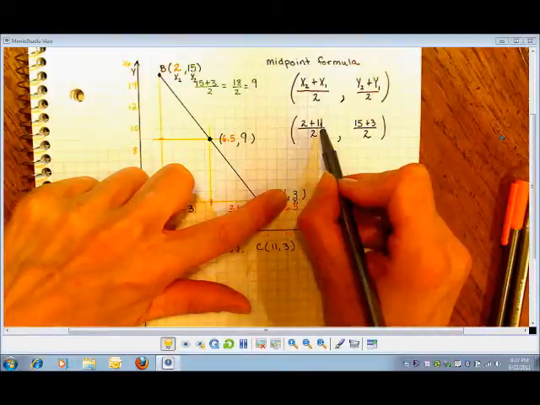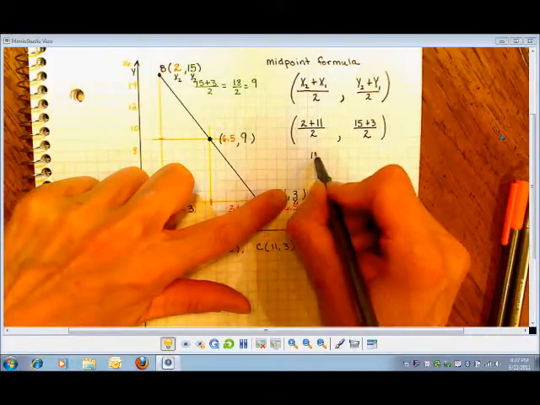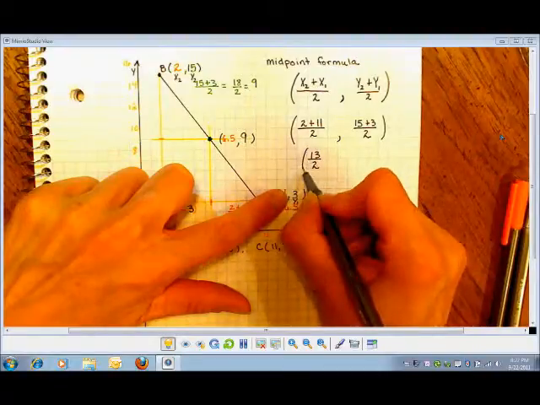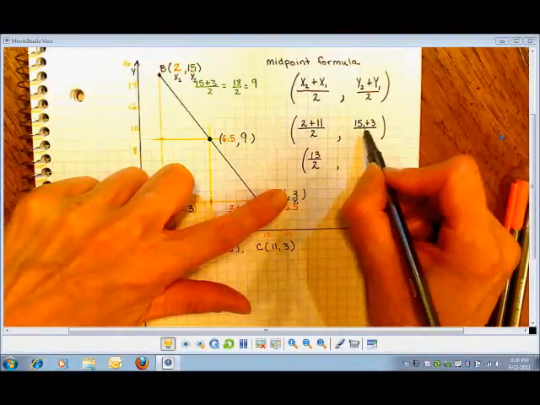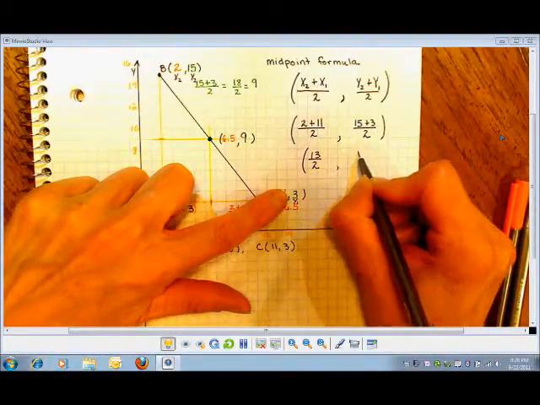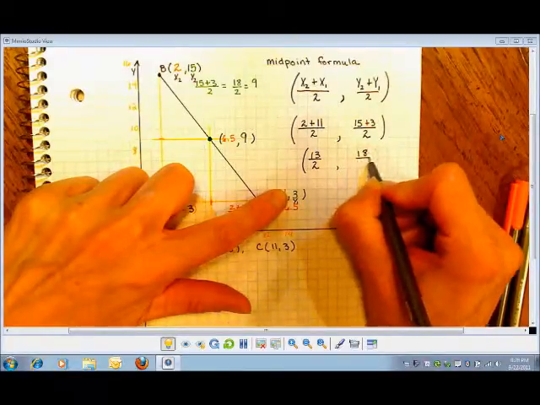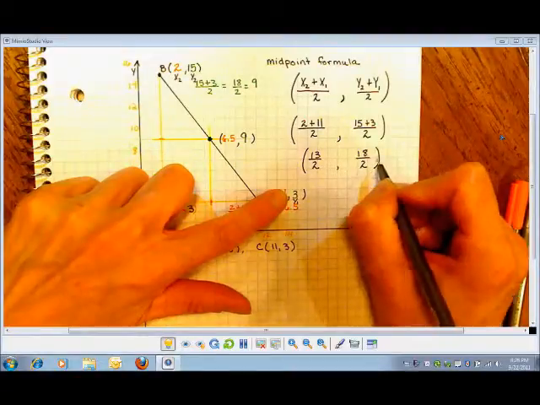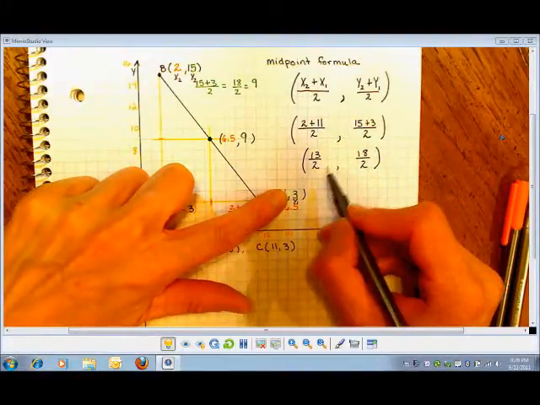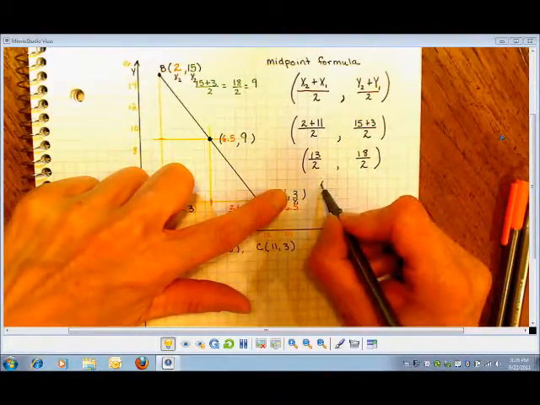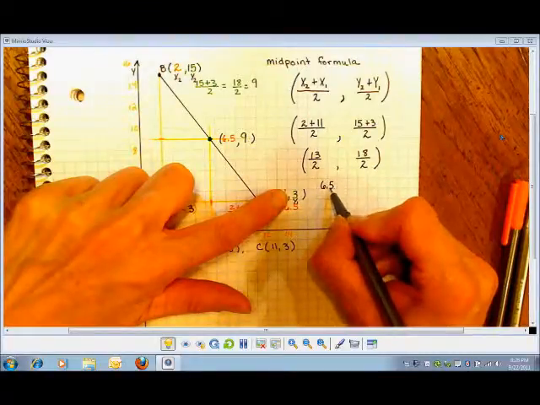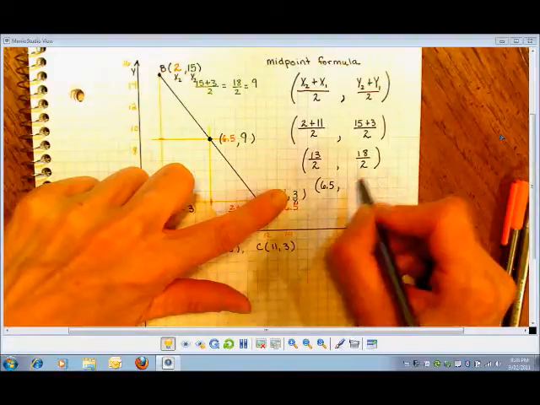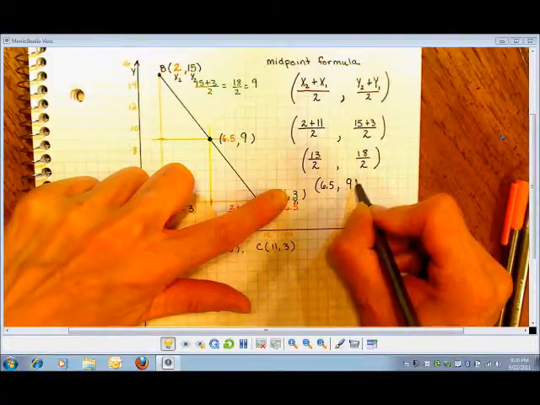So 2 plus 11 is 13. 15 plus 3 is 18. 13 divided by 2 is 6.5. 18 divided by 2 is 9.